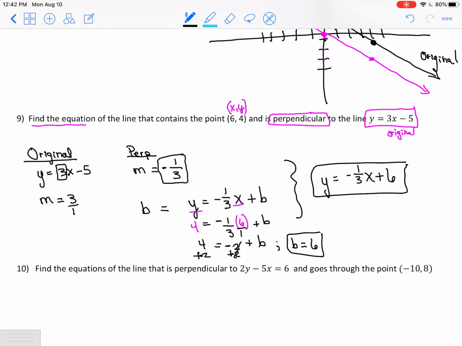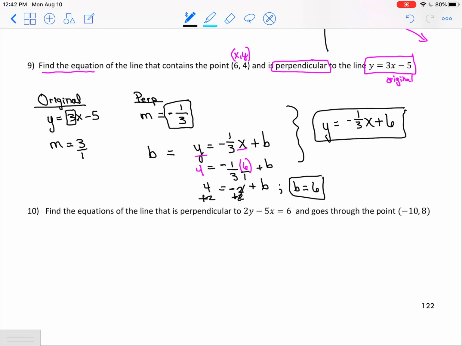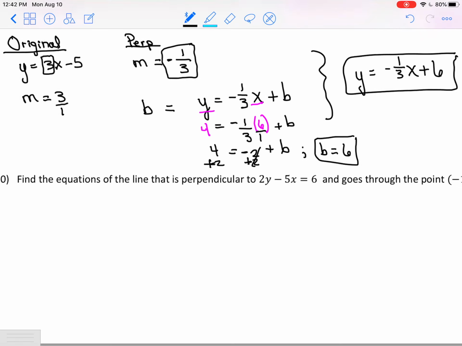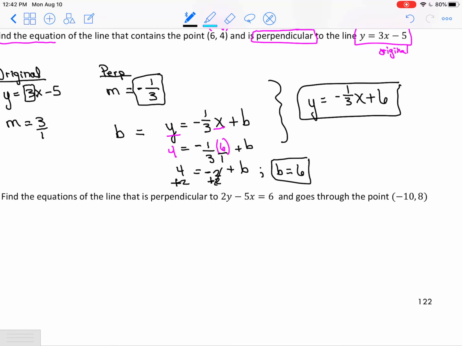Here is my original equation, and we could show that just for grins. Like I said, I don't have graph paper here, but I can do a sketch of it down in this location, just so we can get a glimpse of what it might look like. Okay, so I'm going to have my original equation here in black.